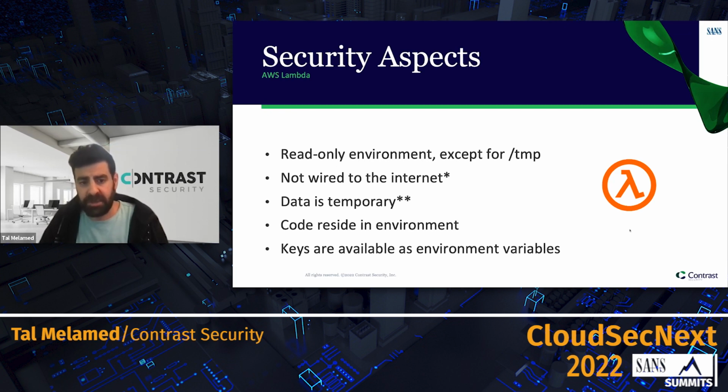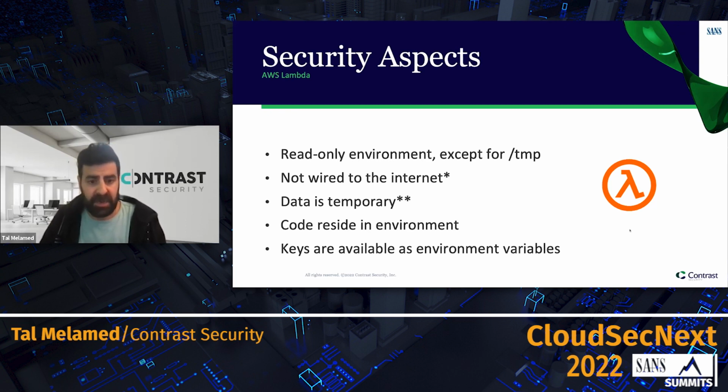The warm start is, for performance reasons and to prevent latency, environments are recycled if the code is the same. So let's say you have an API calling a Lambda and you're calling it multiple times, there is a very good chance that you land on a warm environment, meaning that the data that was there before is still there. And that's also a security issue that we want to tackle.